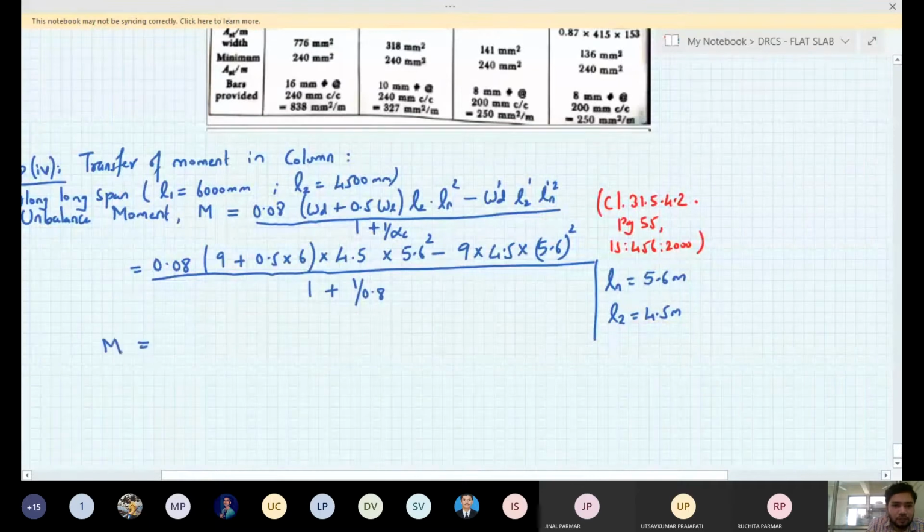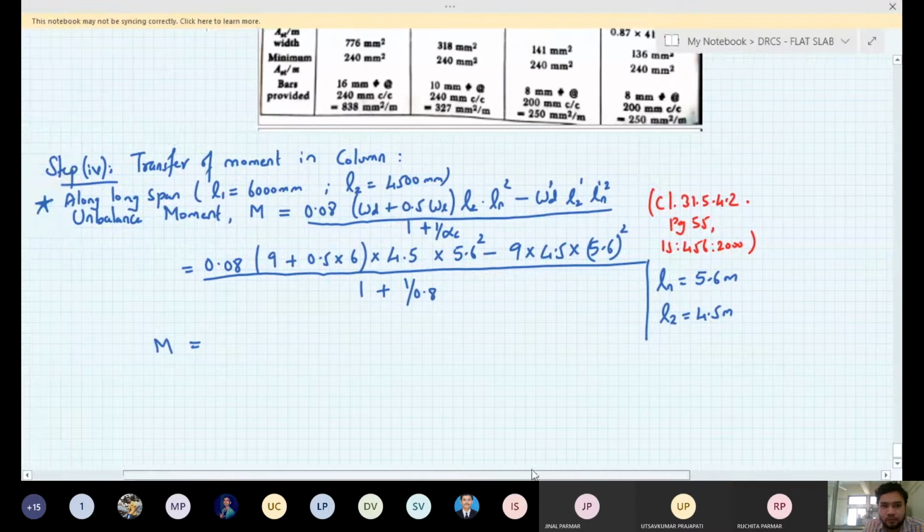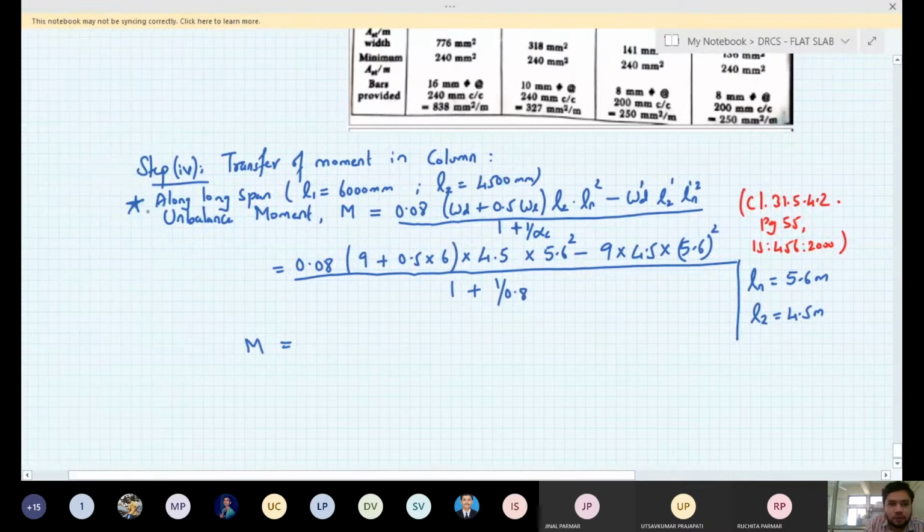The unbalanced moment along the long direction. Can anybody calculate this value?